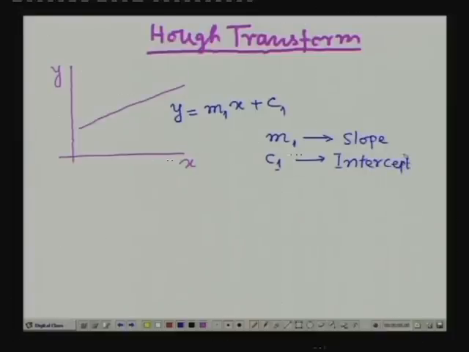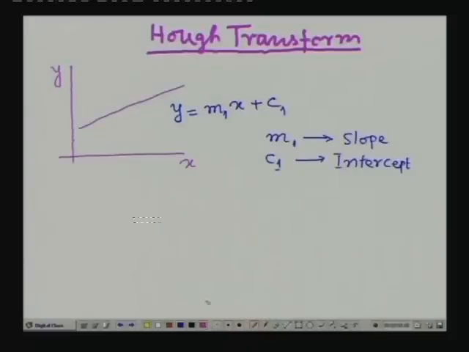Now, if I map this straight line to the parameter space, because I have two parameters m and c, that is slope and intercept, our parameter space will also be a two dimensional space. So, what I am trying to do is map this straight line in the parameter space. So, I draw this m c plane.